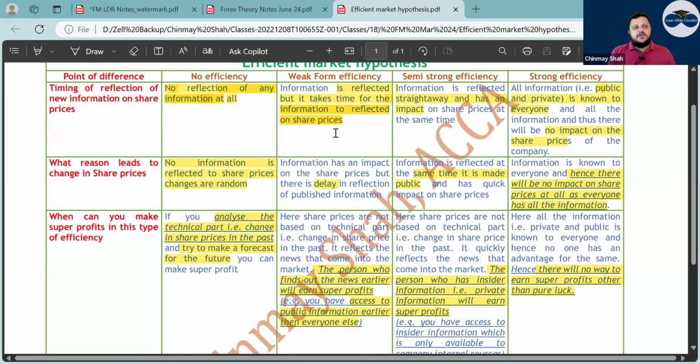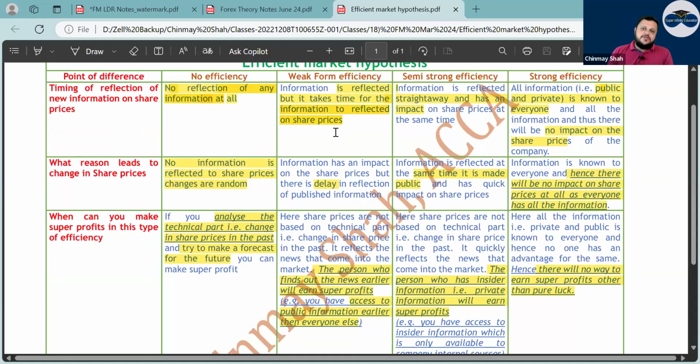So EMH, efficient market hypothesis, right? There are 4 types. See, what is EMH used for? What generally happens is whenever there is a share price and any news comes up on the stock market, how quickly will your share price respond to that news? If it responds quickly, then how should it work out?